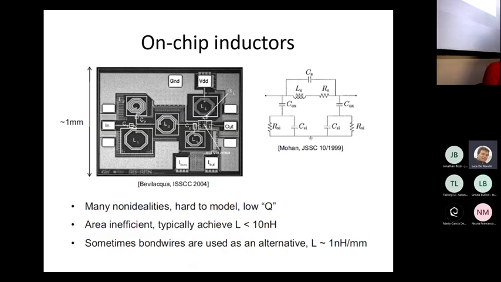But at the end of the day, when you instance a device like this, you don't really get a simple inductance, but typically you get a much more complex circuit, including a lot of parasitic effects. So there is a huge problem in realizing inductors on chip.